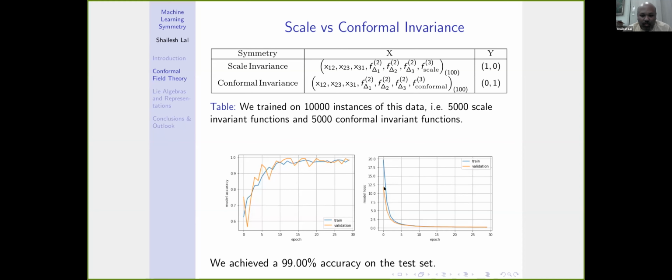You can see that the performance of the network is roughly comparable across the train and validation sets, so it seems to be working. And on the test set, which is a set of functions that were not given to it during training at all, we got an accuracy of about 99%.